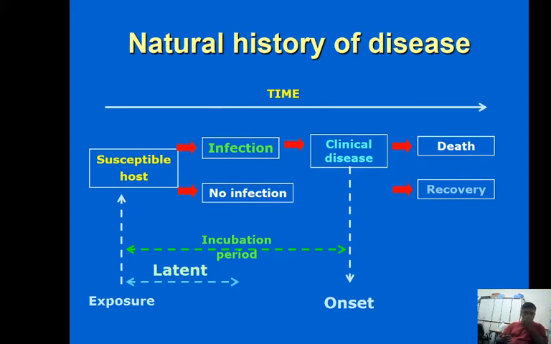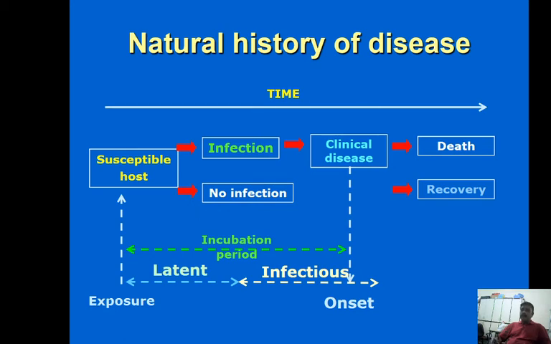For example, hypertension may have developed some years back, but we don't know. Actually the hypertension is there, but you don't know. Take HIV: the person might have got HIV, but by the time he developed the clinical disease, that is the incubation period. From the exposure to the level of infection, from the time he is infected, that is called latent. And then there is something called the infectious period.